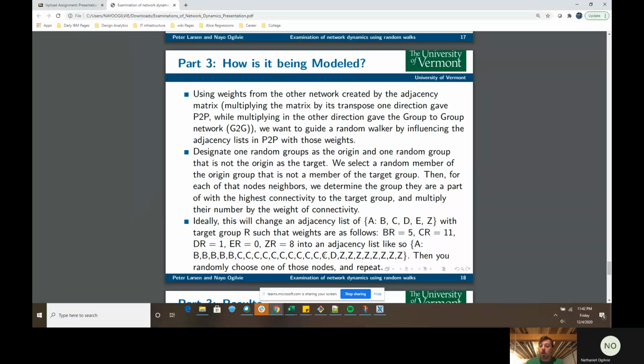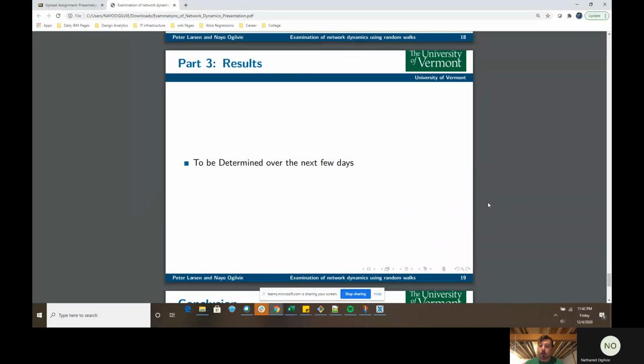So before, where you had an equal shot of going to B, C, D, E, or Z, you now have a higher likelihood of going to C, then a greater likelihood of going to Z, which is also greater than B, then that is greater than D, and E is completely removed. We are trying to avoid going to E, as E has no connections to our target group. So we are forcing the bias into the adjacency lists, and then repeating from our new node.